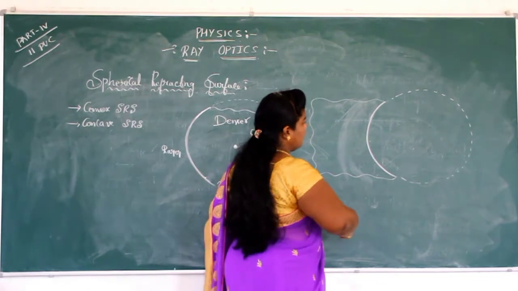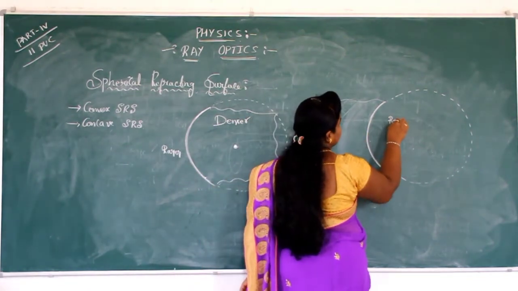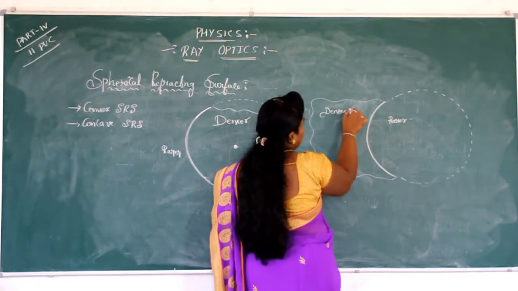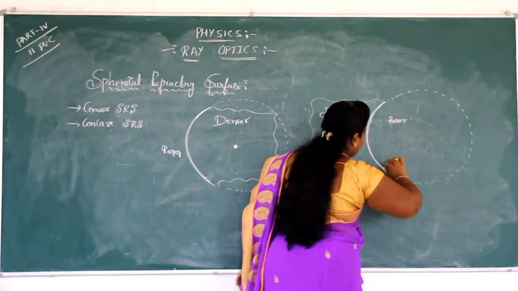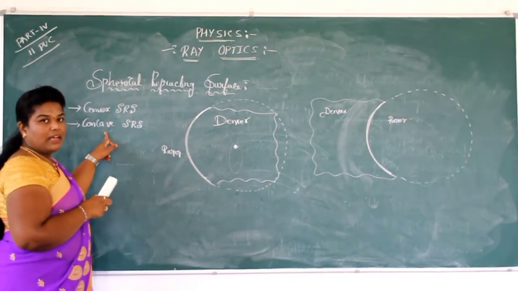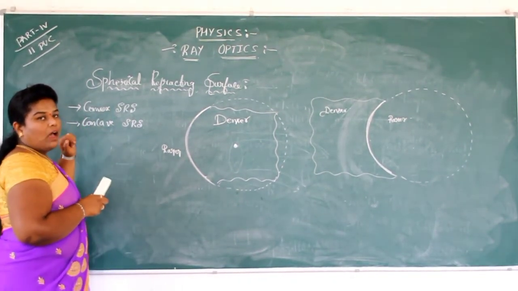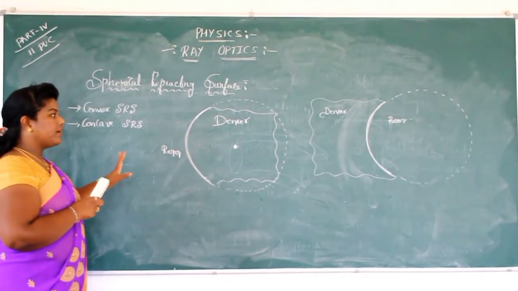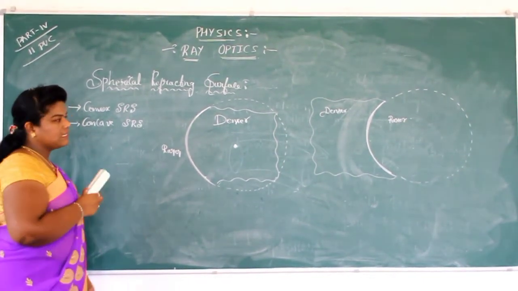And you can observe here that this one is the rarer and this one is the denser medium. So the surface which is concave towards the rarer medium is called a concave spherical refracting surface. Okay, so here we have two types. I have drawn the different diagrams for both convex and concave.